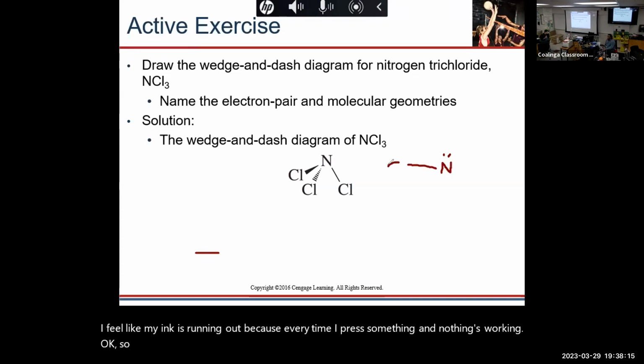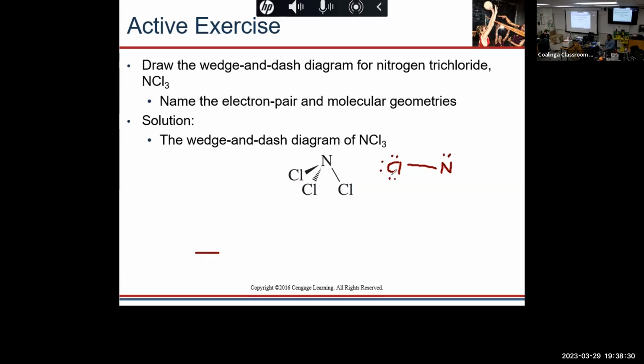Okay, so then we have Cl. In a situation like this, we basically have the nitrogen in the center.